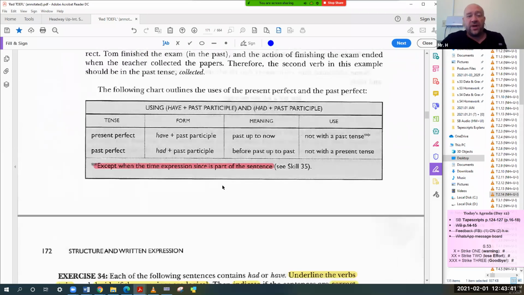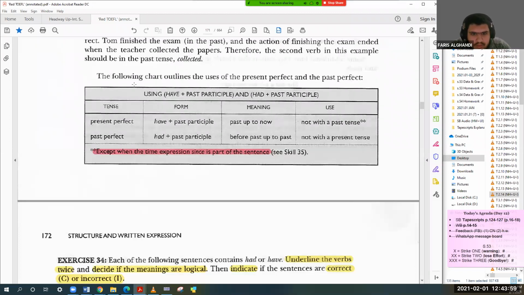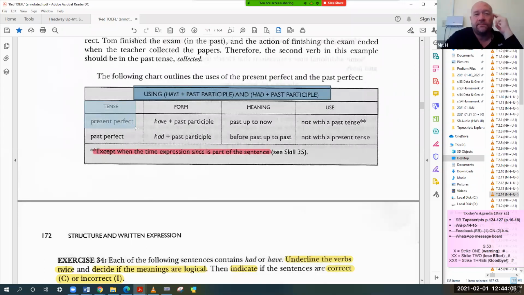Okay? Go to the gray box. Everybody, hands up again. Okay. All right, Faris Al-Ghamdi, you want to start here using have plus past participle and had plus past participle. Let's start with the first tense. Present perfect. The formula: have plus past participle.